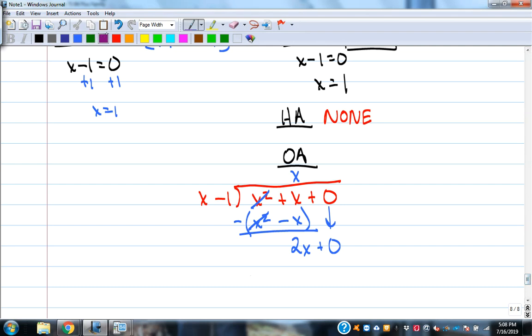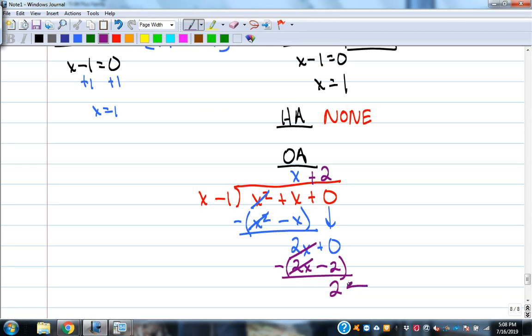And then I look at this front piece again. What times this x will get me 2x? Positive 2. So I put a plus 2 up there. And I distribute. 2 times x, 2x. 2 times -1 is -2. Subtract all that. The x's cancel. That's what we wanted to happen. 0 minus -2 would be positive 2.